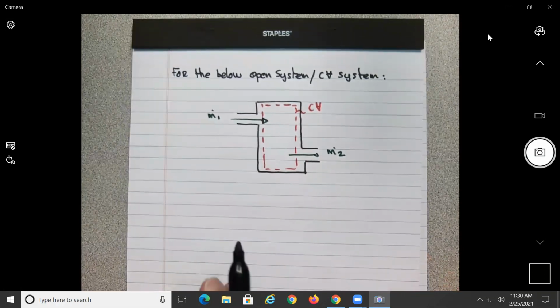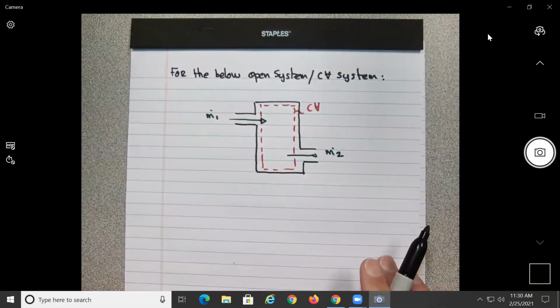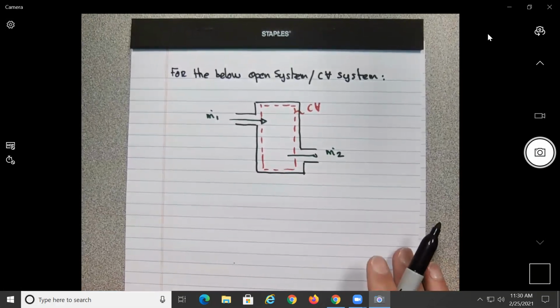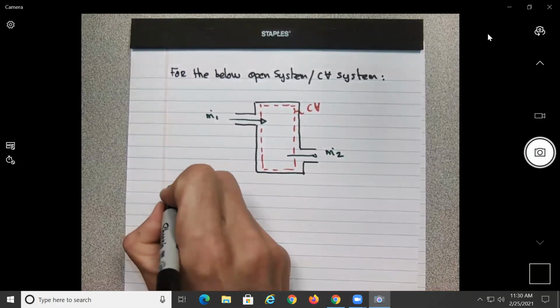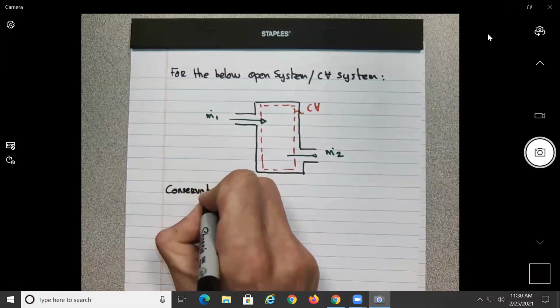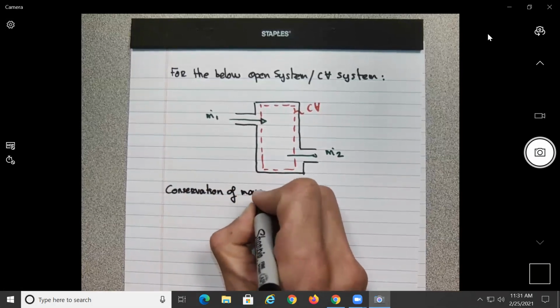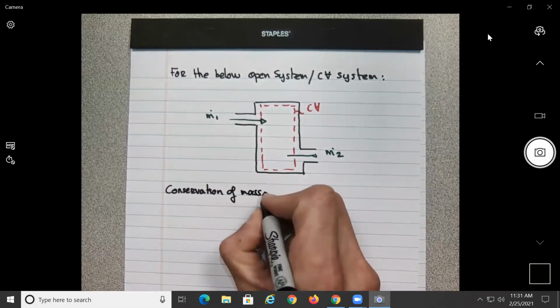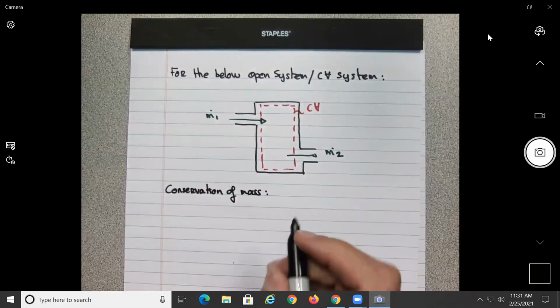So over here, before I do the first principle of thermodynamics, I need to specify one thing because you might see it in the textbook. There is something called the conservation of mass in the control volume. So what does that mean?